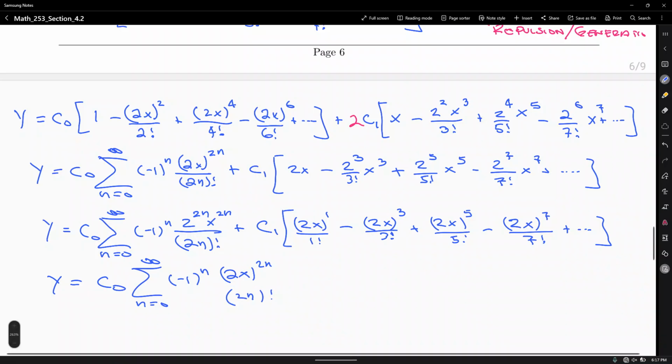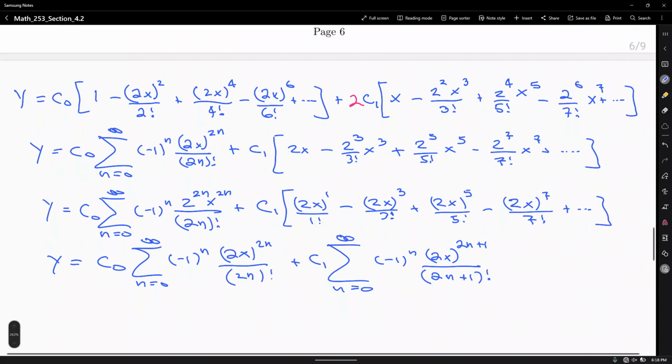I was looking ahead to the next one. Plus c1, sigma n equals 0 to infinity of another negative 1 to the n, 2x, this time to the 2n plus 1 over 2n plus 1 factorial.